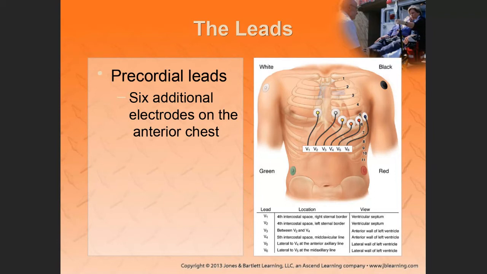That's the easiest one to remember. If you want to get more specific, V1 to V2 looks at the ventricular septum, V3 and V4 looks at the anterior wall of the left ventricle.